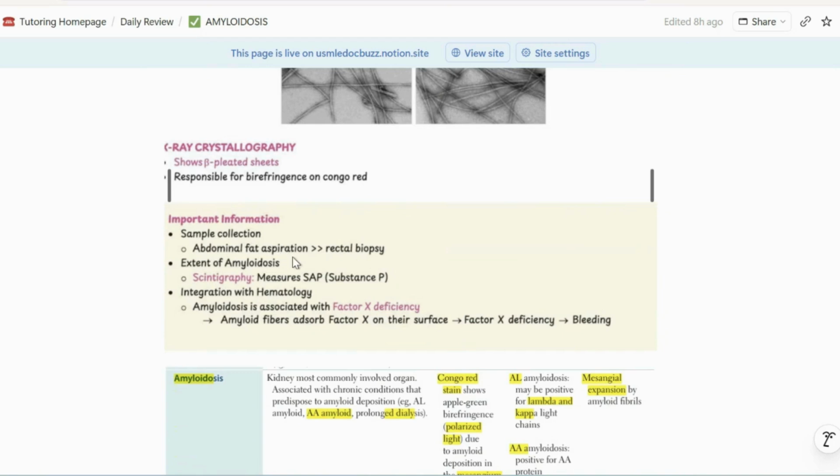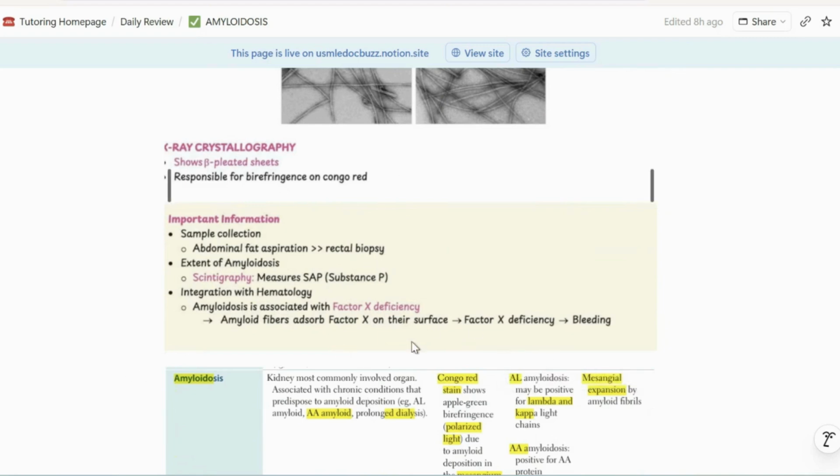Then, in order to measure the extent of amyloidosis and stage it, you may see measuring of serum amyloid P, which is a quantitative test. If you have a lot of it, you may see this elevated.